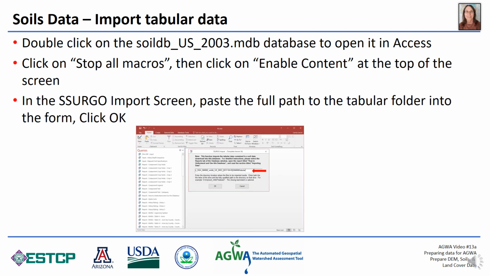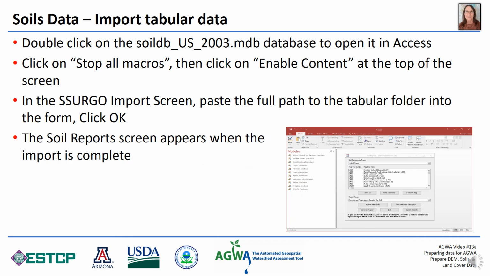In the SSURGO import screen that opens, paste the full path to the tabular folder into the form, then click OK to import the tabular data into the database. The Soil Report screen appears when the import is complete. Click Exit to close Access. The soils data are now ready to use in AGWA.